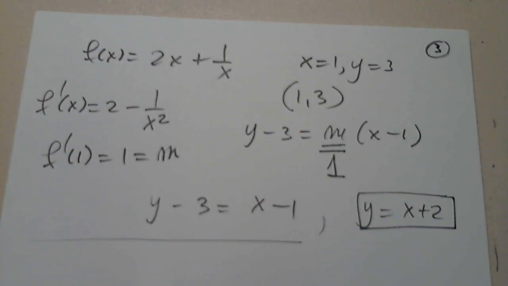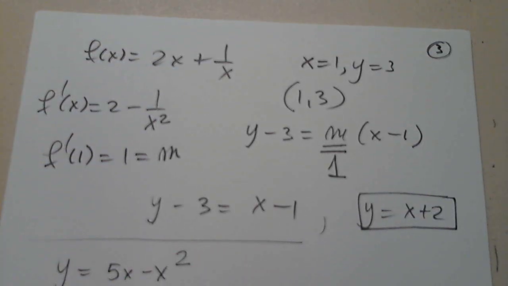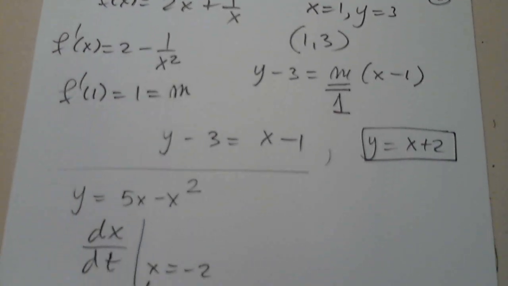Okay, found it. Good. So here is something like y equals 5x minus x squared. They're asking us to find dx over dt when x equals -2 and dy over dt equals 2.5.